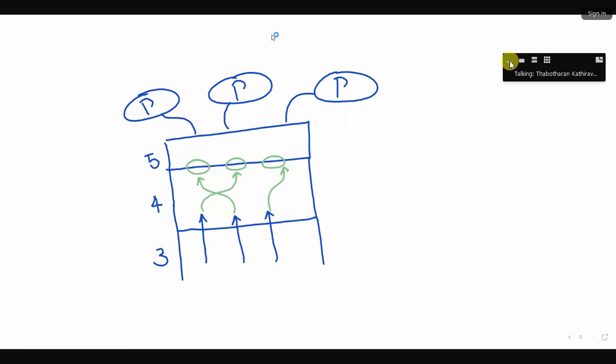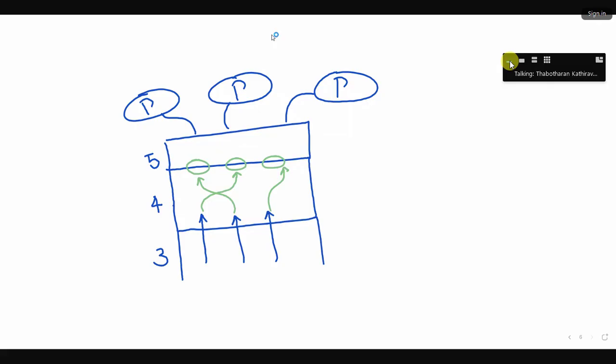Okay, so the multiplexing and demultiplexing process uses socket numbers or port numbers to identify and correctly deliver the data to the correct application processes.